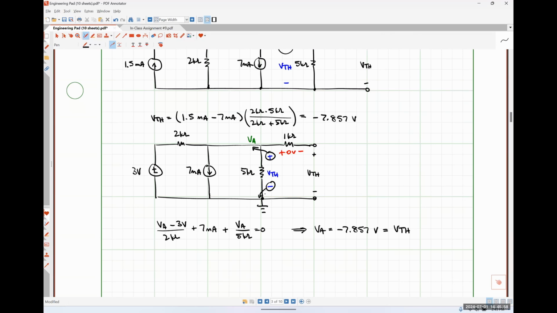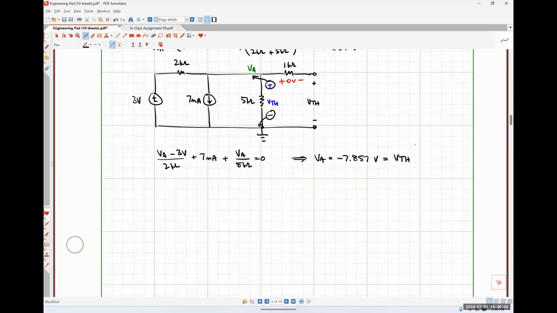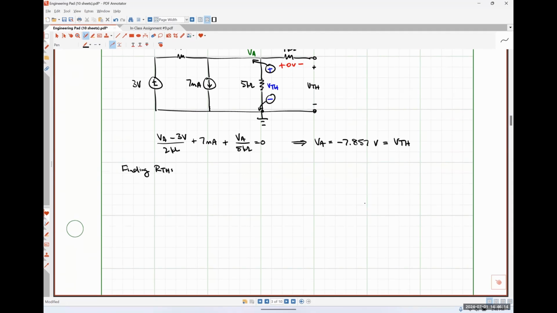All right. Now let's work on our Thevenin equivalent resistance. So for our Thevenin equivalent resistance, we need to turn off our independent sources.